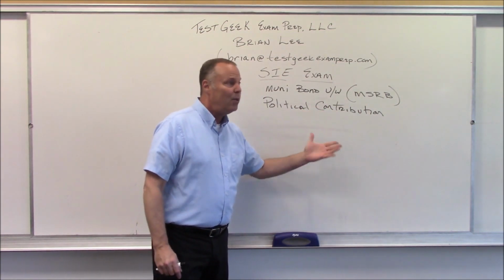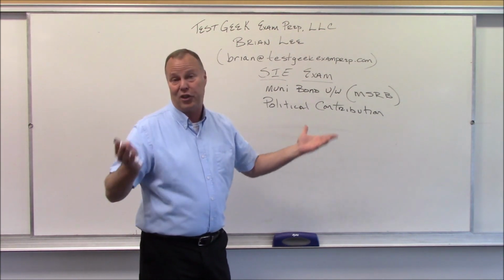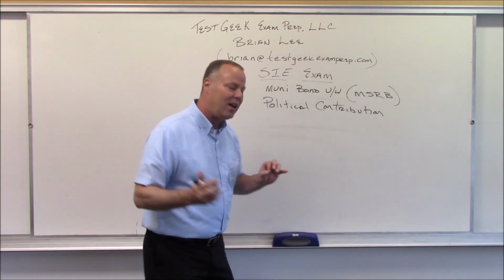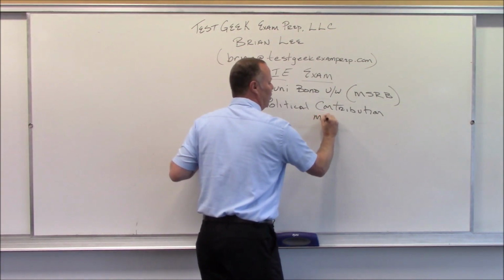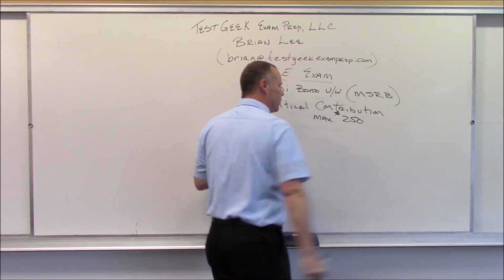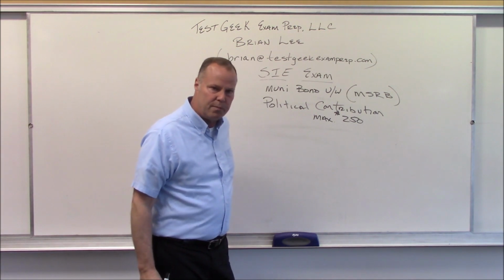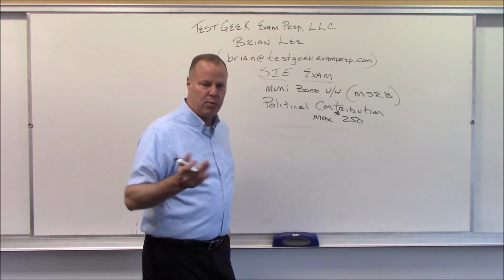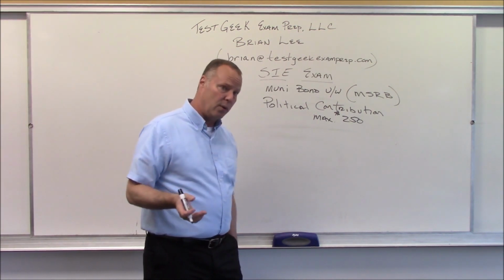Now, we still want us to be dedicated citizens. So they will allow up to, but no more than, $250 maximum contribution in a jurisdiction in which you are allowed to vote. Okay?